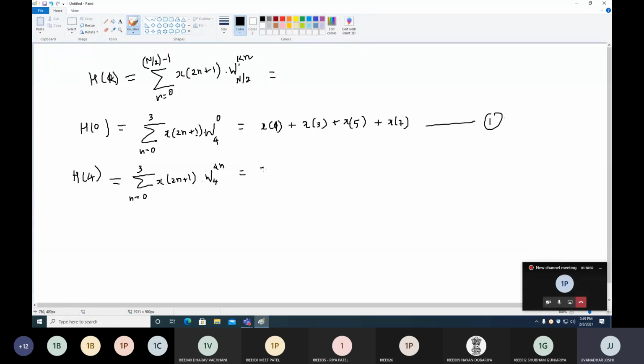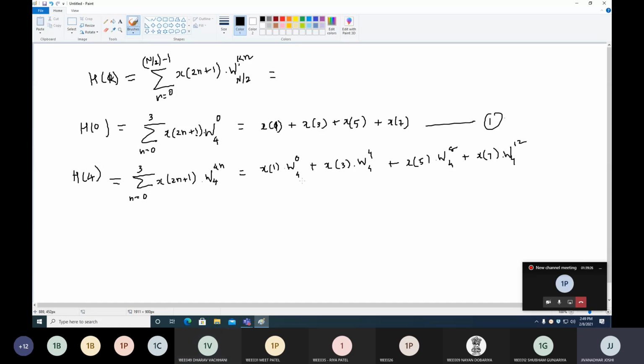So expanding this, we have x of 1 into W4 raised to 0 plus x of 3 into W4 raised to 4 plus x of 5 W4 raised to 8 plus x of 7 W4 raised to 12.